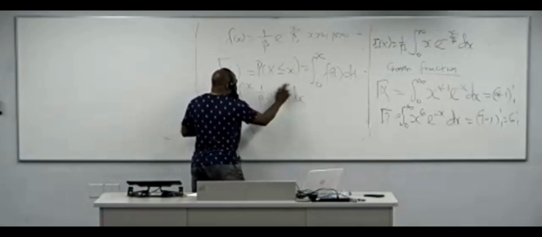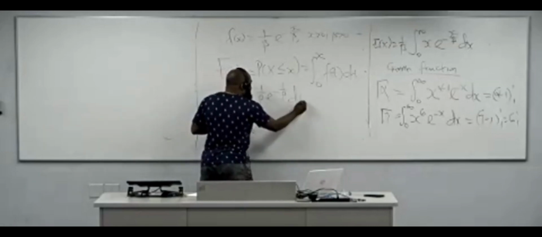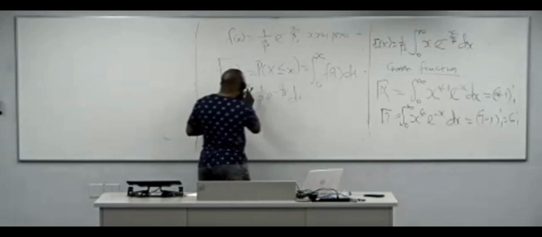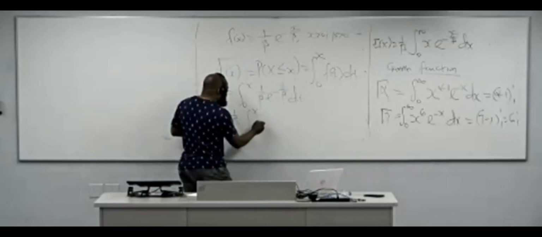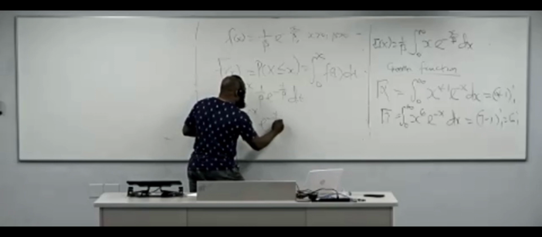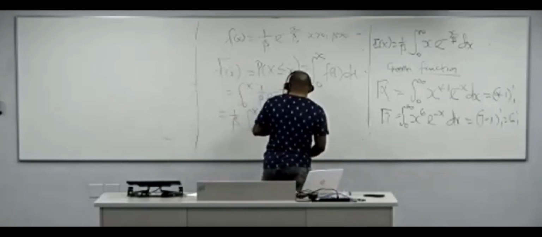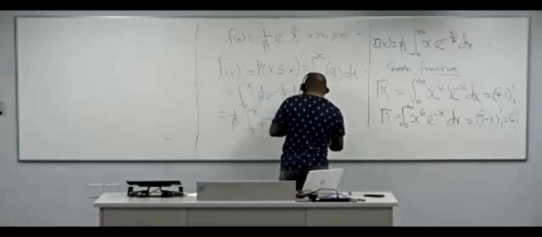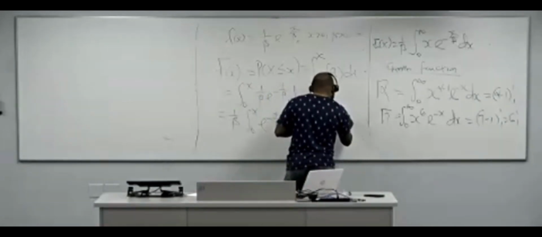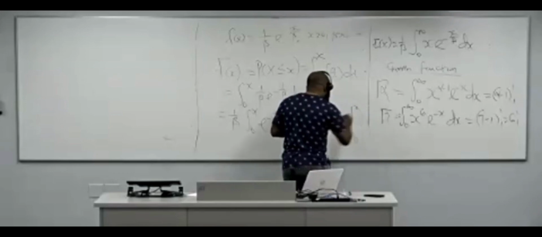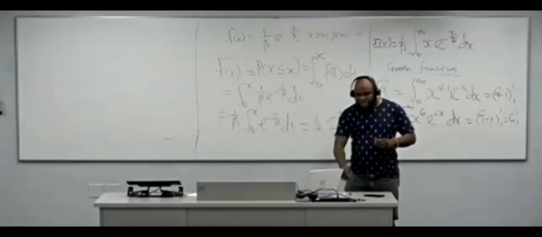Oh, sorry, let me use t instead, since I've already defined x. So the exponential raised to the power of t over beta. When you do that, you have this divided by 1 over beta from 0 to x, where we did it the other time.